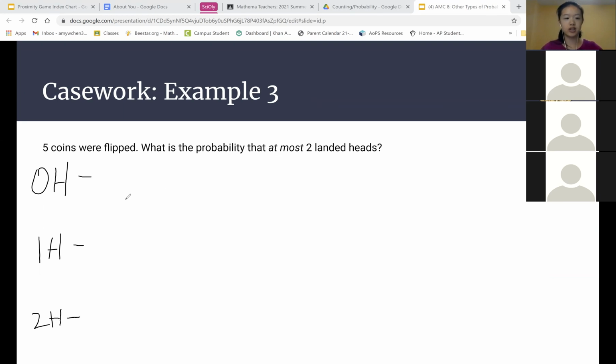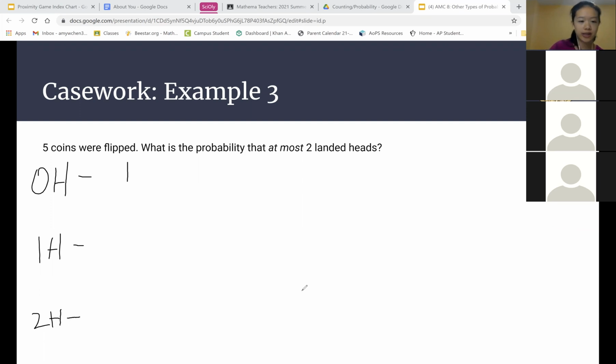So for each of these cases, flipping 0 heads, flipping 1 head, flipping 2 heads, what did you get for 0 heads? Yeah, so there's one way to flip 0 heads. So I'm going to write a 1 here.